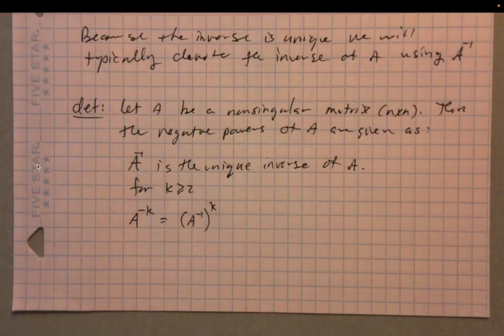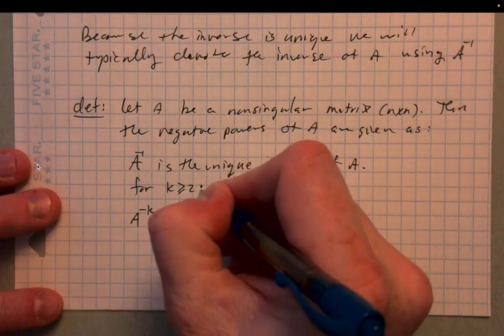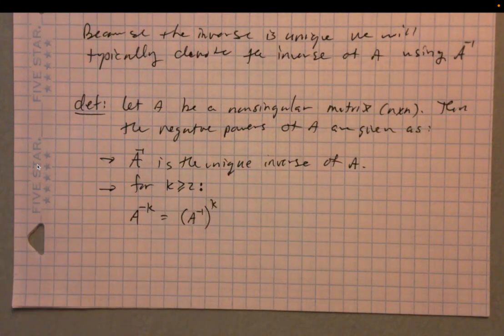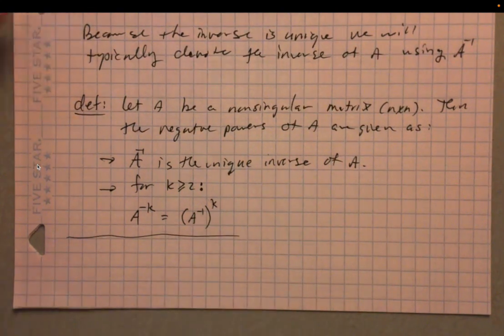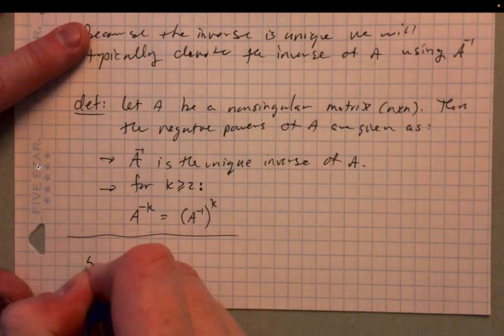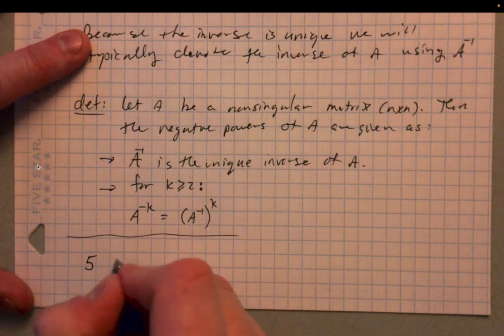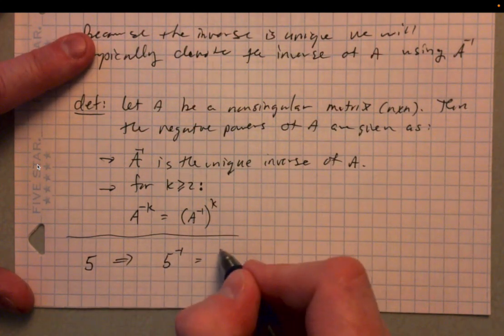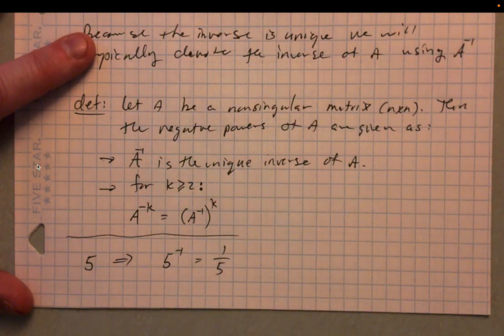This is a very natural definition. I hope you can appreciate how natural this is. Let's think about how nicely this jives with the things we're used to with rational numbers. If I have 5, then 5 to the negative 1 power is 1/5, and this is the inverse of 5.